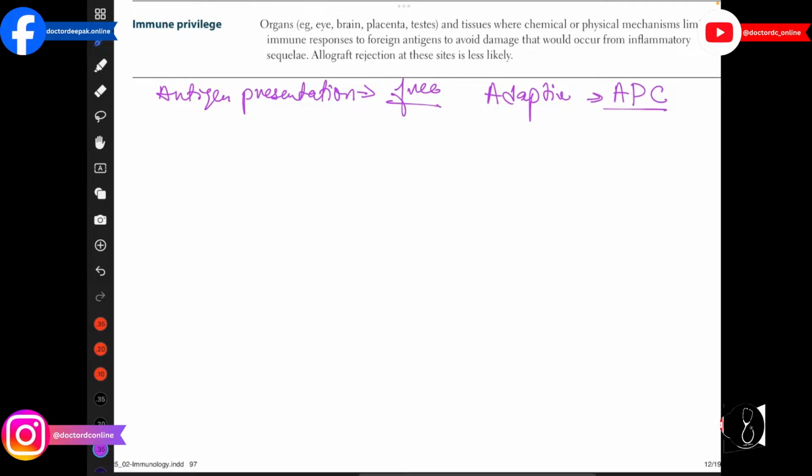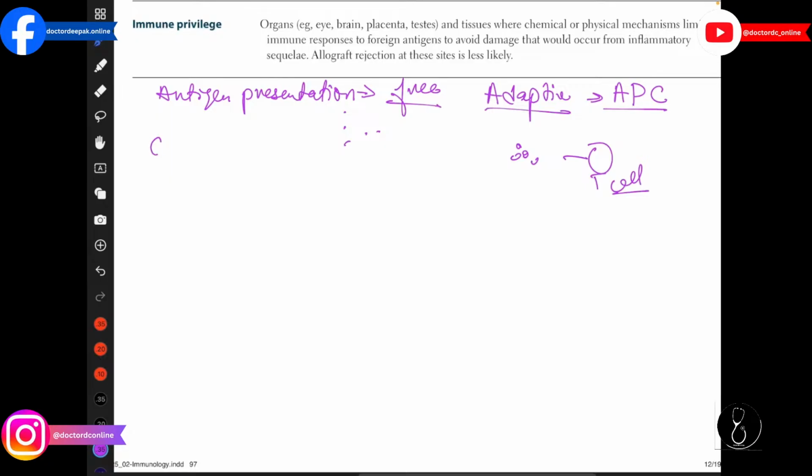The pathogen must be engulfed by the cells and broken down, then the pieces of protein are transported to the surface and the antigen is presented to the T cell for activation. That happens in the adaptive immune system. But in innate immunity, free antigens are enough for activation of the innate system.